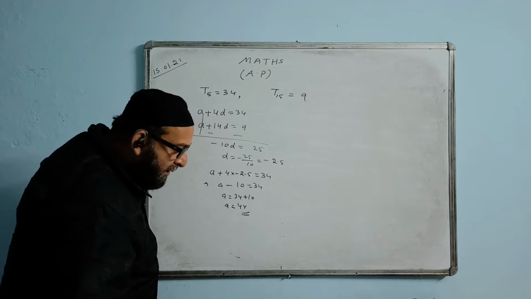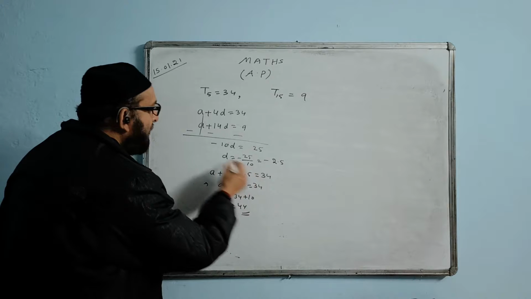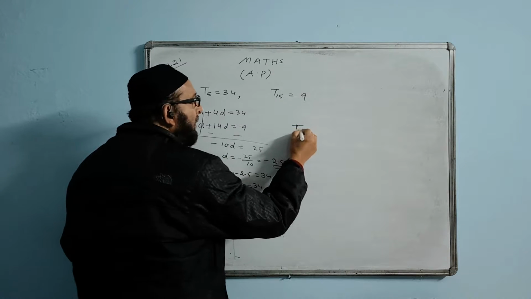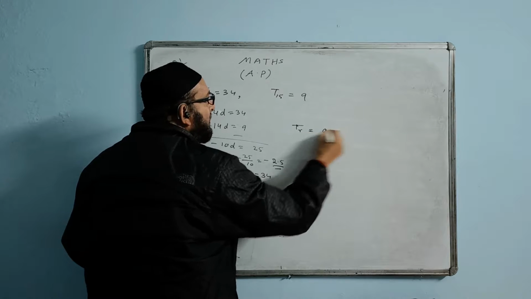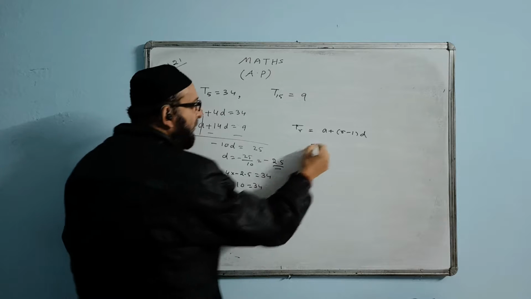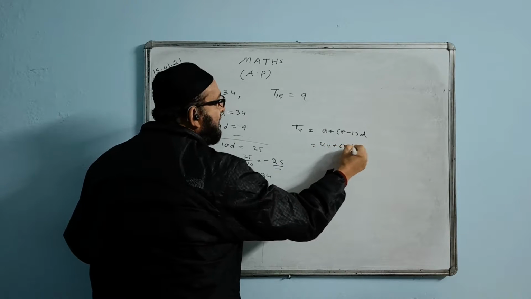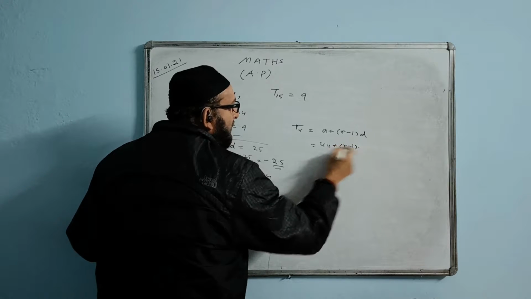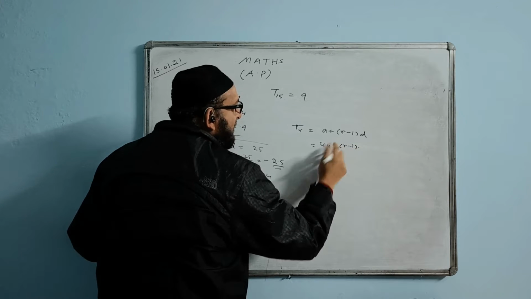Now they are asking to find what? The rth term. The common difference we already found: minus 2.5. Find the rth term, that is Tr. The Tr formula is a plus r minus 1 into d. What a value did we find? 44. r we will leave as it is. The d value is minus 2.5, so you have to put minus 2.5. That means this sign you can change. Right?